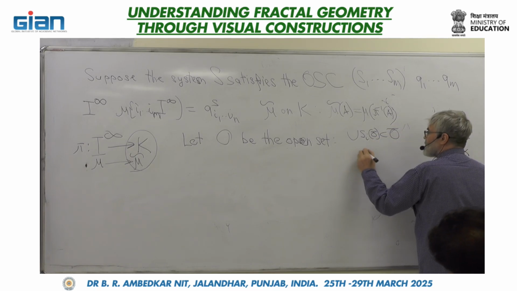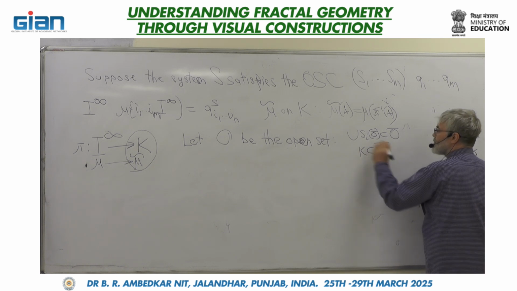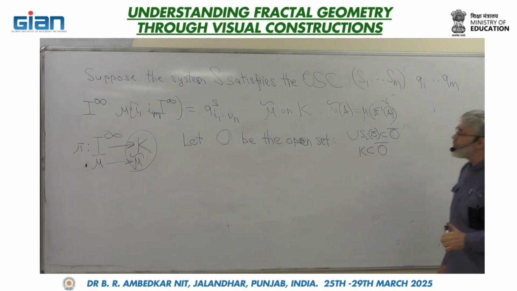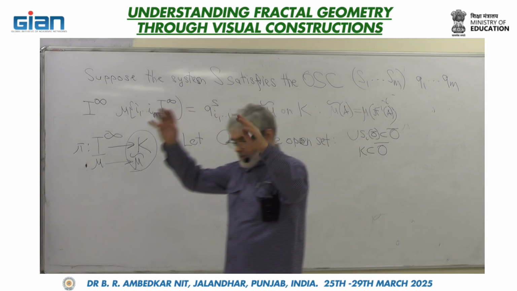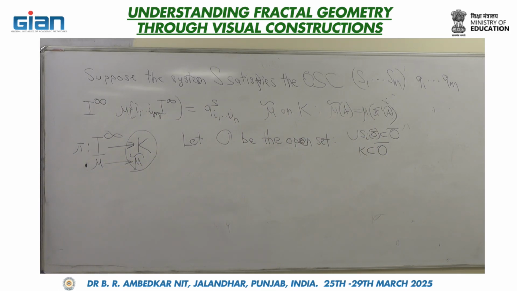And therefore, K is a subset of the closure of O. So if we take this open set, then the attractor will be contained in the closure of the open set.